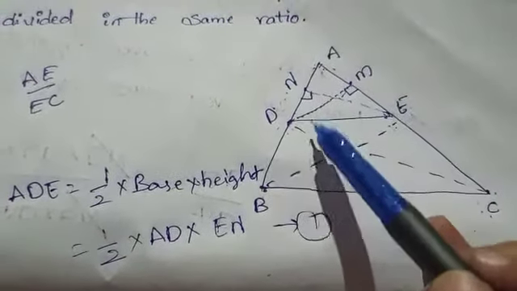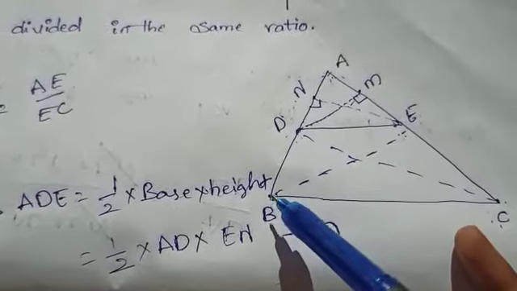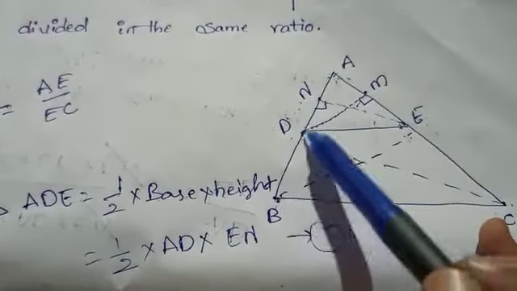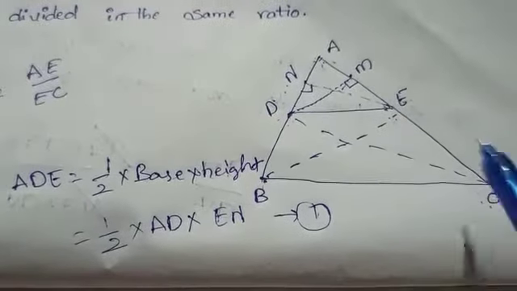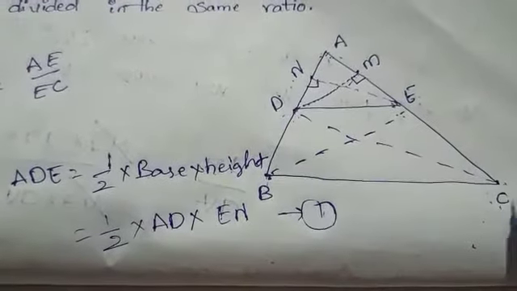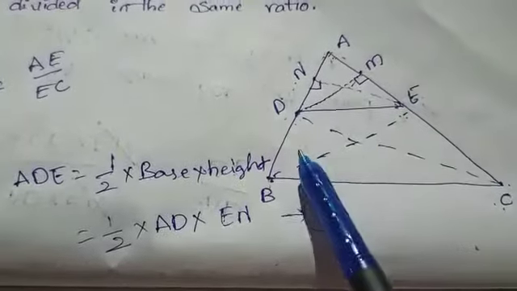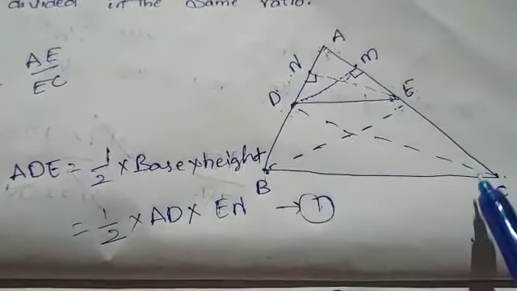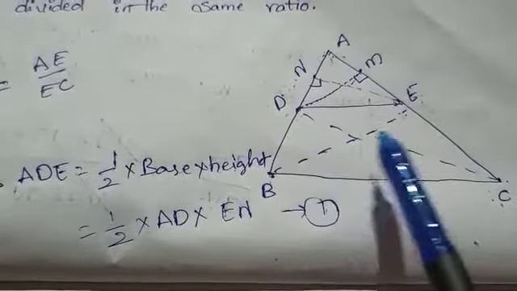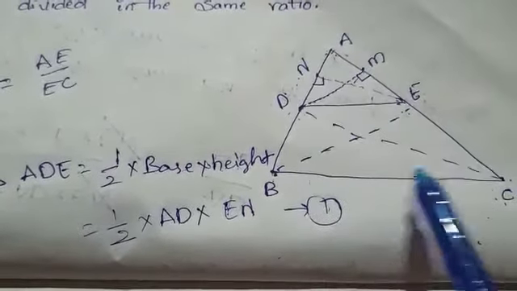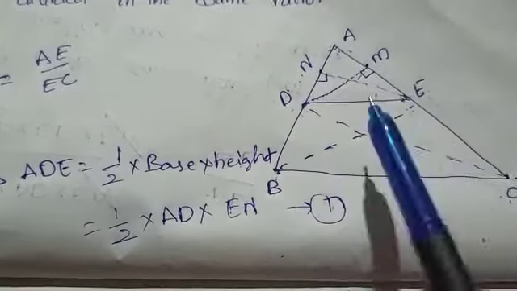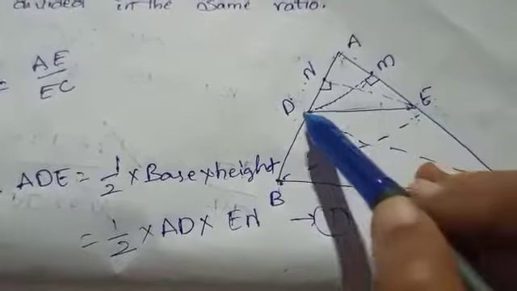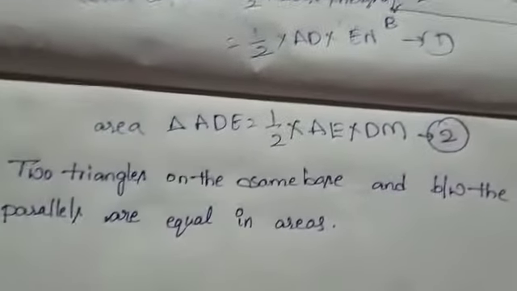Okay, and see BDE, BD is one triangle and DEC is one triangle. Okay, these two triangles are in between DE and BC. Two triangles in between two parallel lines. Okay, they have same base. Base is DE.